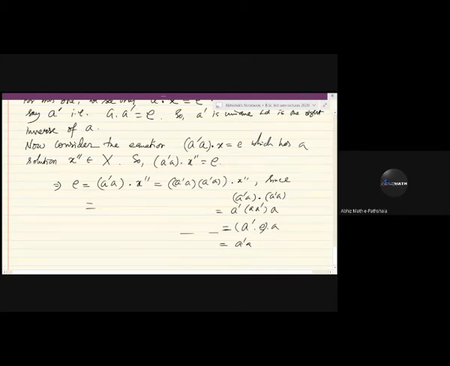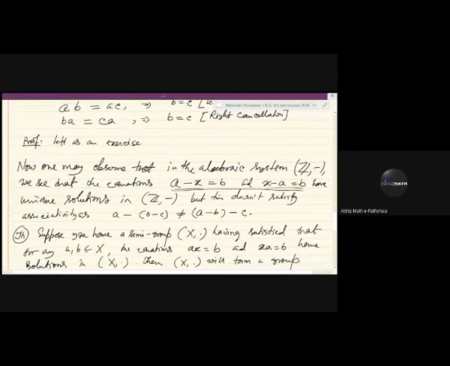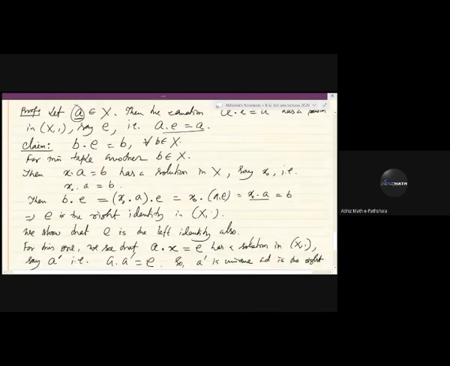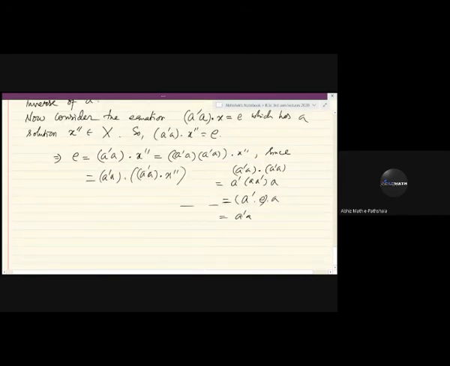So again, by associativity, we will have a dashed a dot a dashed a dot x double dashed. So this is equal to a dashed a dot, and this one is identity.